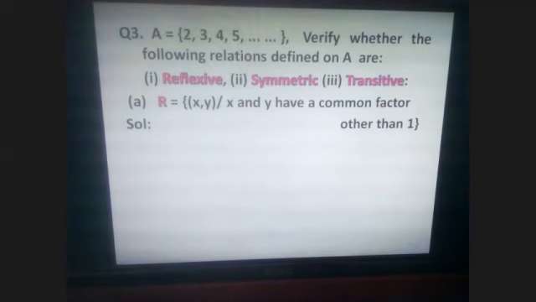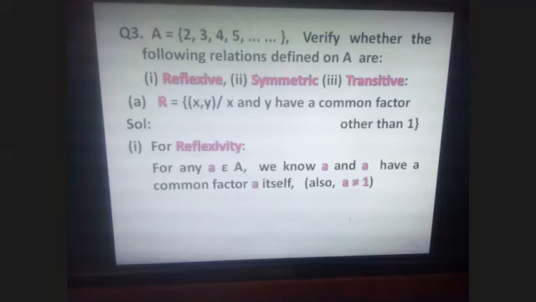Well, obviously, it is reflexive. Why? 2 and 2 have a common factor other than 1, which is 2 itself. So (2, 2) is a member of the relation. (3, 3) is a member because 3 and 3 have a common factor. For x and y, if they have a common factor other than 1, (x, y) is a member. So (a, a) will always be a member. Reflexivity is obvious here.